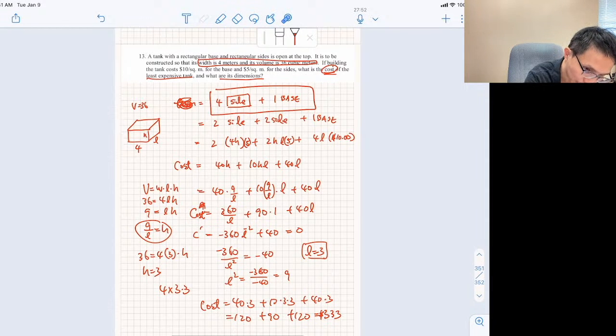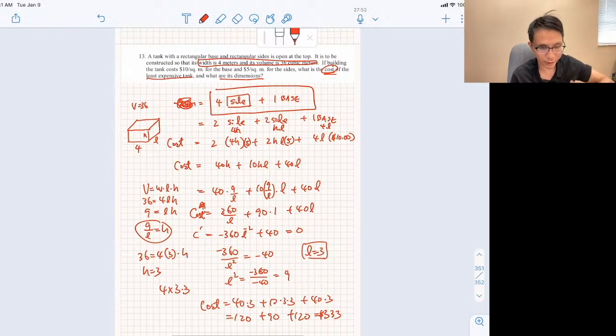These are represented by 4H, HL, and 4L. Each one has a different price, so this is the cost equation. Then I use the volume to reduce my variables, and I get the answers.